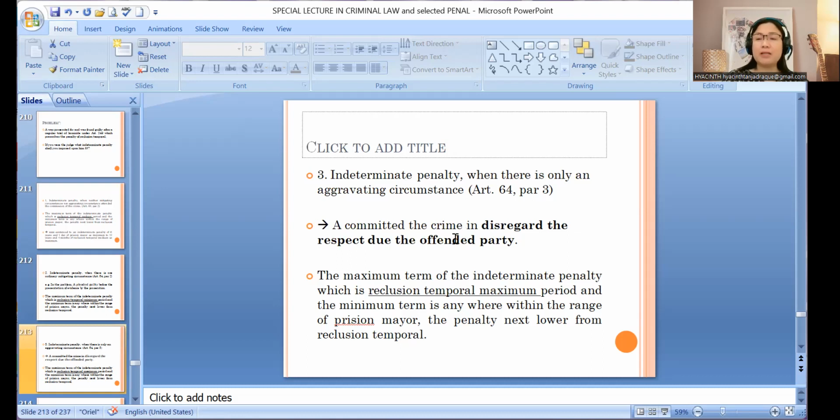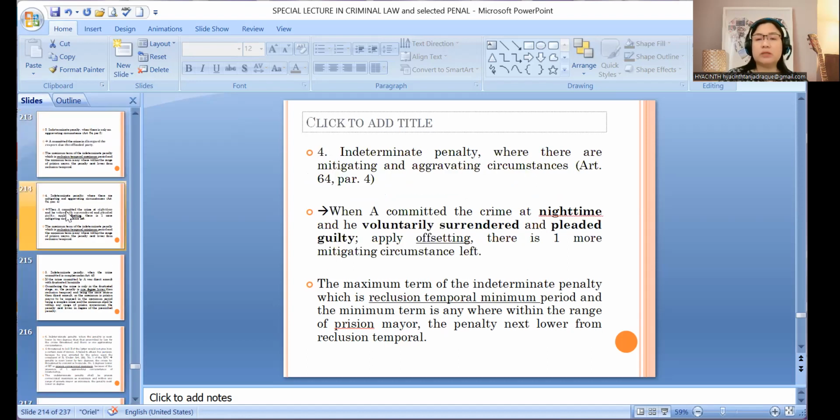The prescribed penalty shall be as follows. The maximum of the indeterminate penalty shall be reclusion temporal maximum because of the presence of one aggravating. How about the minimum of the indeterminate penalty? Within any range of prisión mayor, which is the penalty next lower from reclusion temporal.